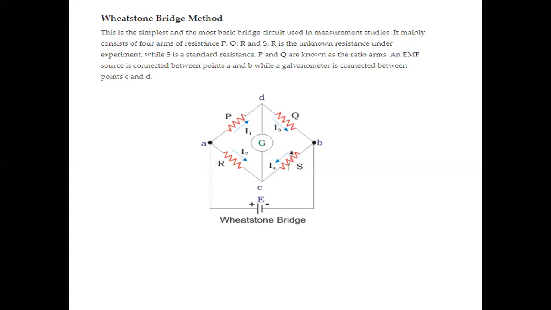In that condition, we change the value of S, the standard resistance, to make the bridge balance, until the current flowing through the galvanometer shows zero deflection.